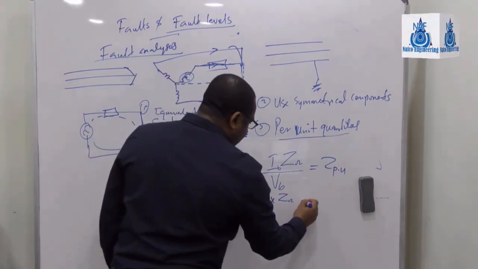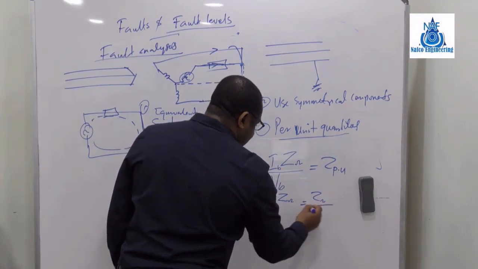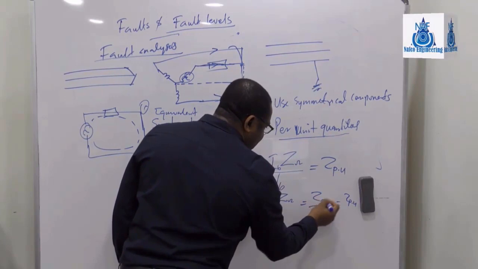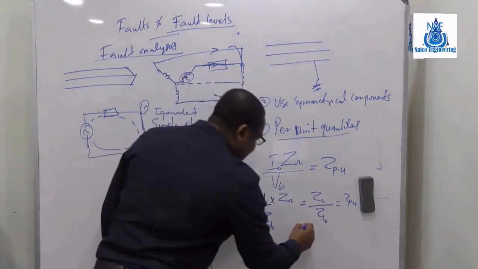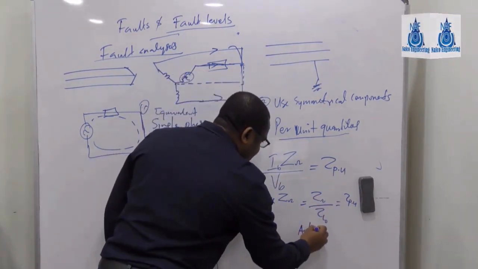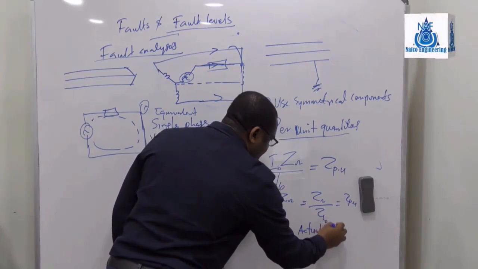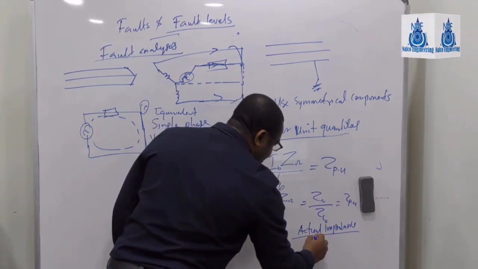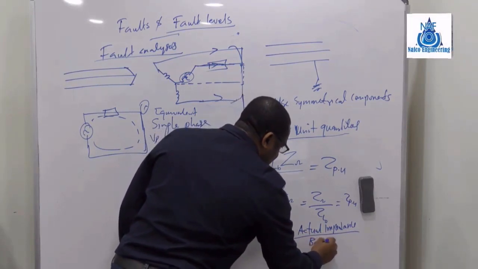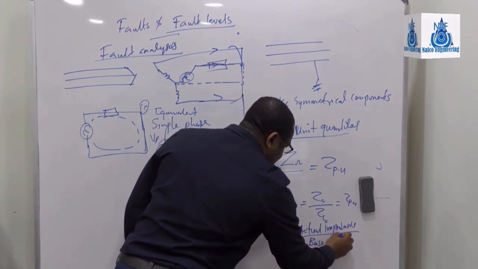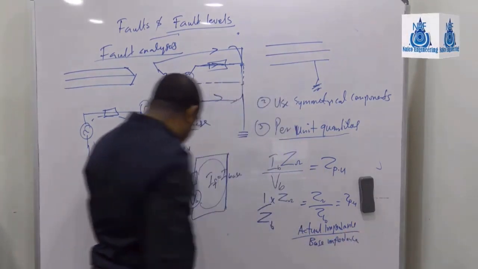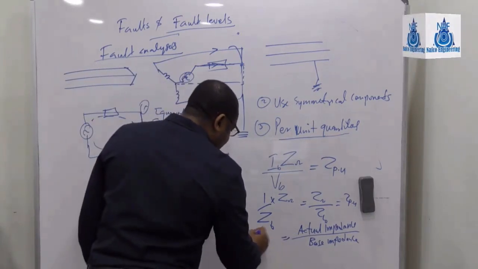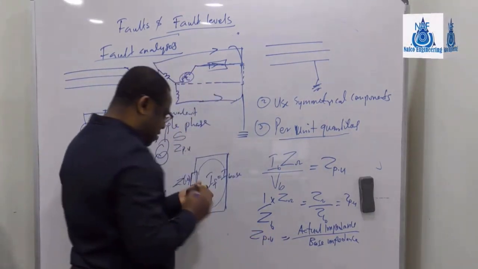Can you see that this is the same as saying Z in ohms over Z base? This is what we call Z per unit. And what is this? It's actual impedance over base impedance. That is what we call Z in per unit.